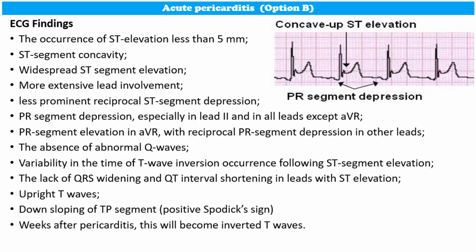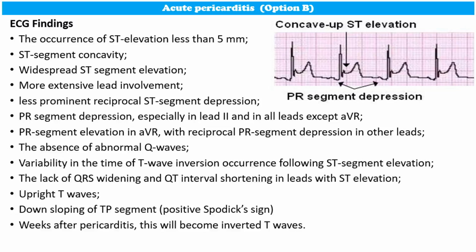On an electrocardiogram, acute pericarditis typically presents with widespread concave ST segment elevation and PR segment depression across most limb leads and precordial leads, except for lead aVR where reciprocal ST segment depression and PR segment elevation are observed. This pattern reflects the inflammation's effect on the heart surface.